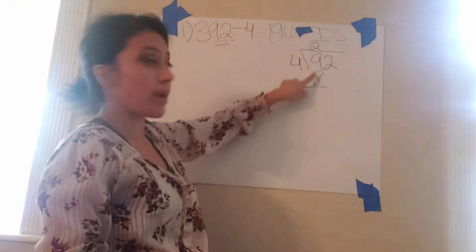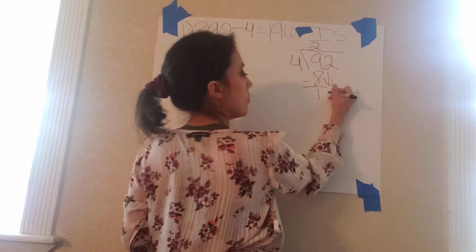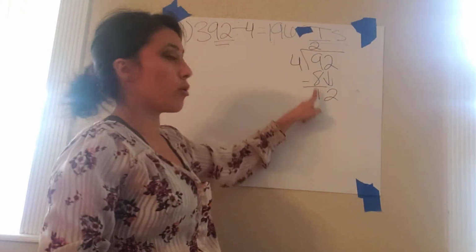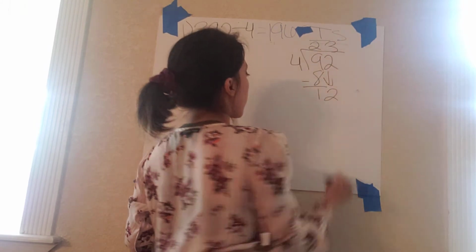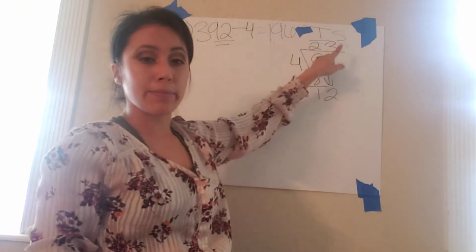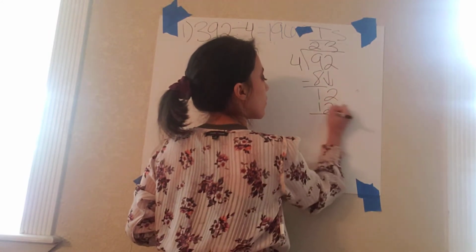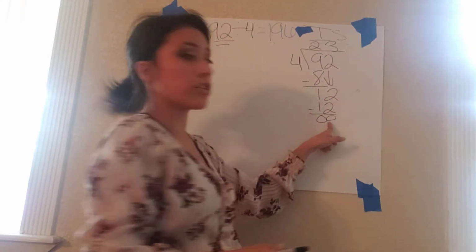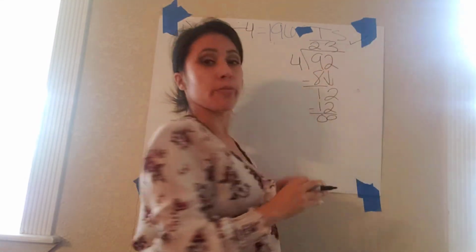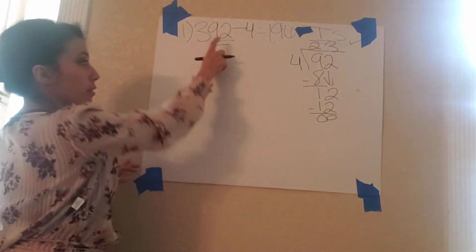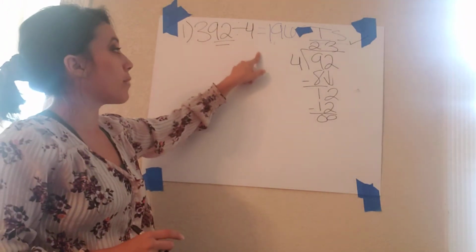Okay, and then 9 minus 8 equals 1. Bring down the 2. How many times does 4 go into 12? We know 4 times 3 equals 12. So there's no remainder, so this group is correct. It is divisible. Now we're going to go ahead and solve the math problem of 392 divided by 4.